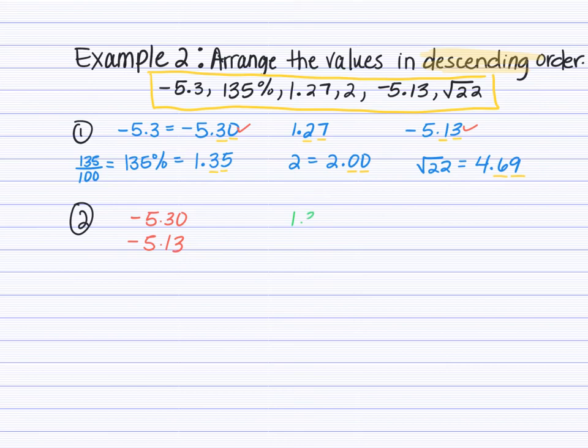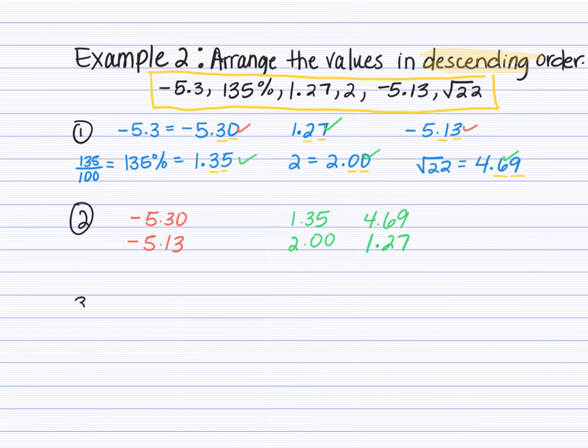That is 1.35 and 2.00 and 4.69. So I've gotten this number, and this number. I'm missing 1.27. Notice how I'm going back and just verifying that I have all of the numbers from the problem that I'm supposed to have. That way I'm not missing anything.